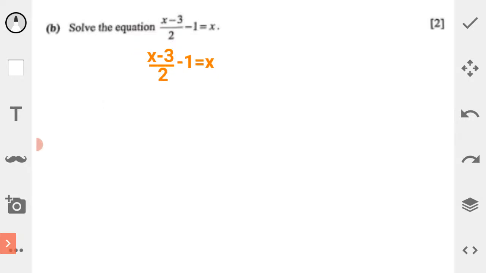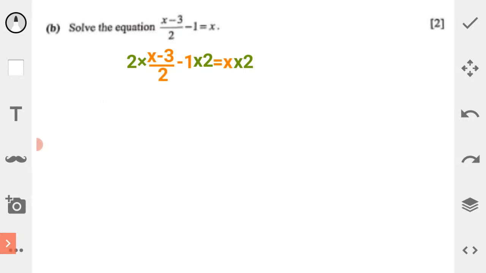So that means I'm going to have 2 multiplied by x minus 3 over 2. Then I'm also going to multiply negative 1 by 2, and I'm also going to multiply x by 2. Okay, so I've done what I've done to the first term to all the terms.